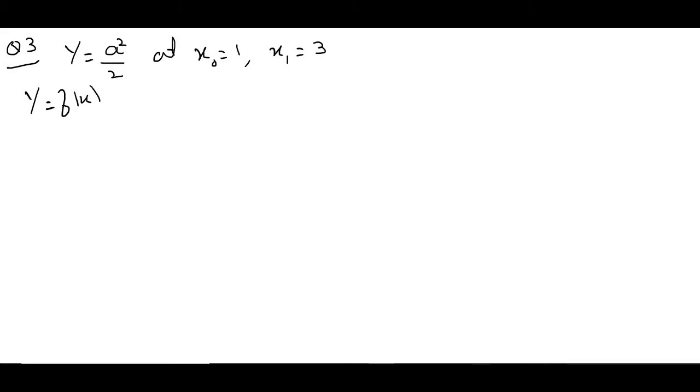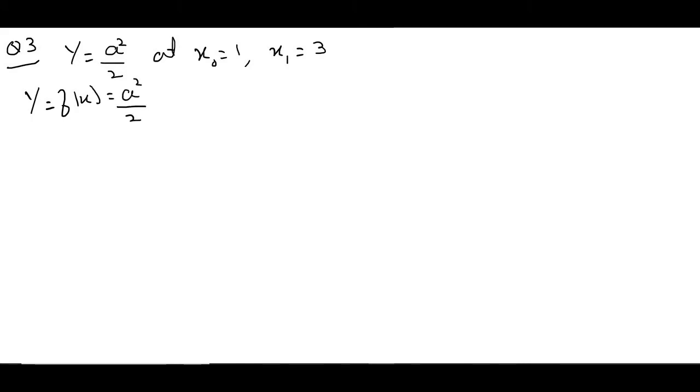Now question number 3. Again we have to find out the average rate of change, and now we are having a function which is constant, a square over 2 at x naught is equal to 1 and x1 is equal to 3. Now again y is equal to f of x is equal to a square over 2.